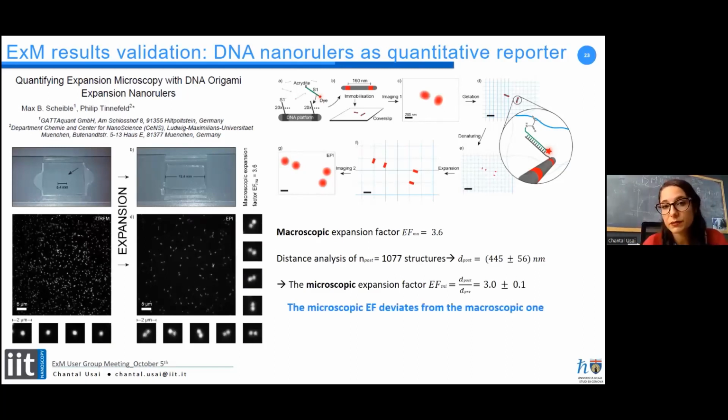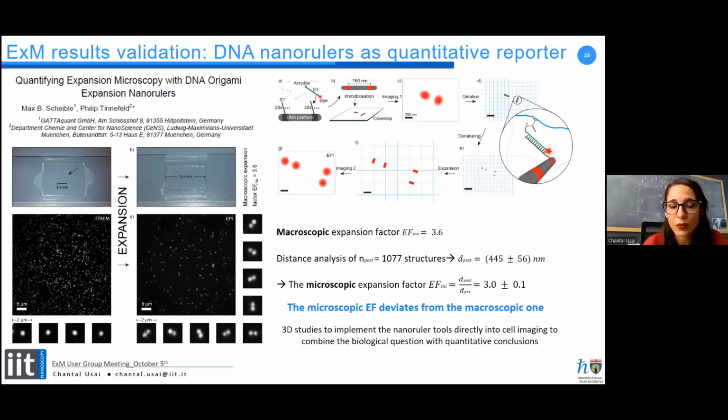The interesting part of their work is that they found that there is a deviation between the microscopic expansion factor and the macroscopic one. The microscopic seems to be slightly smaller. So what we would like to do is to implement these nanoruler tools inside our biological sample to be able to perform 3D studies and quantify the expansion of DNA inside our sample.